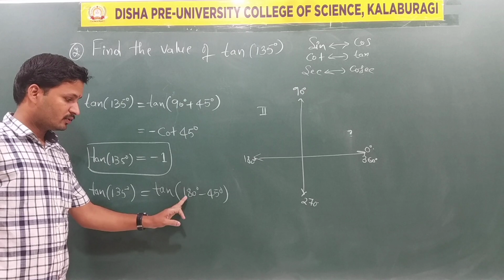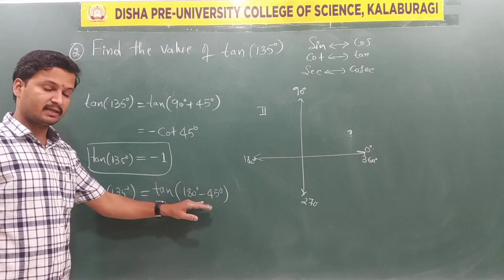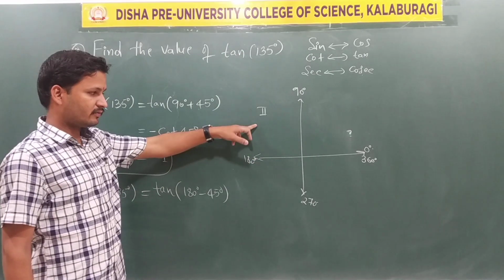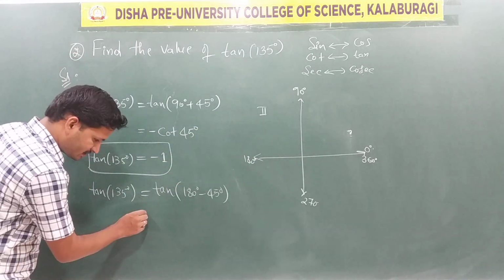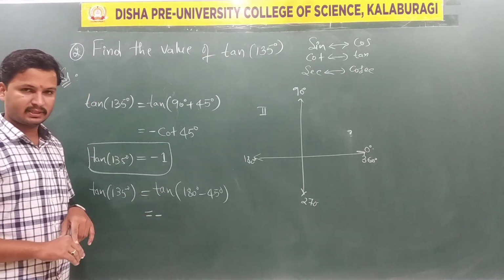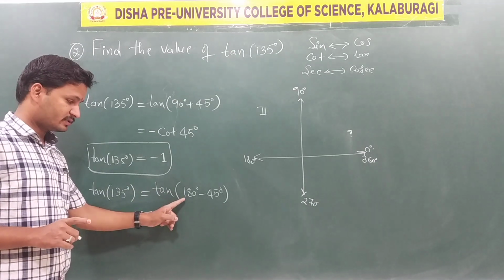So tan of 180 minus 45. First observe where this allied angle lies. 180 minus 45 is less than 180, correct? So less than 180 means it lies in the second quadrant. In the second quadrant, tan function is negative. Take minus sign. So 180 degree is there. Does the ratio change or not?